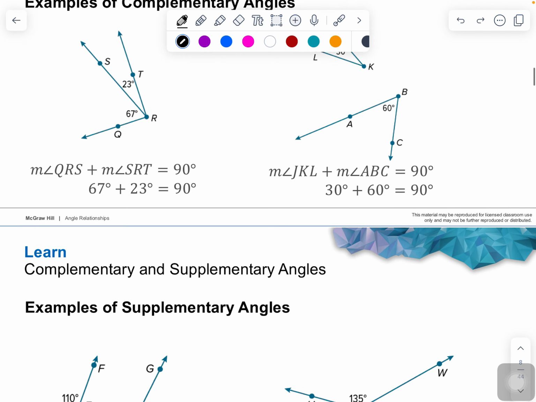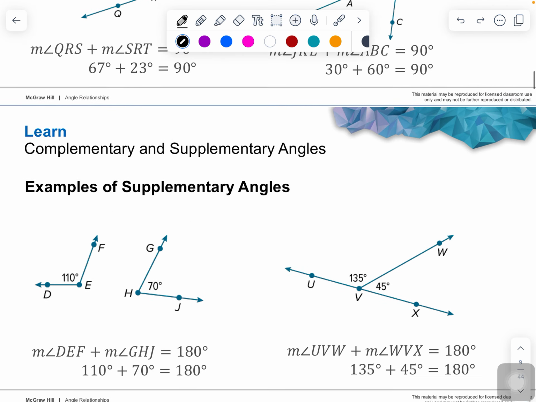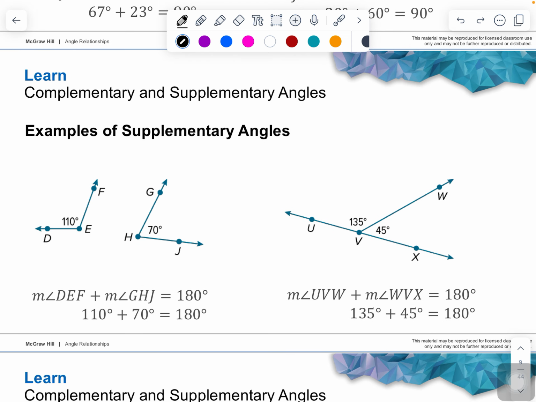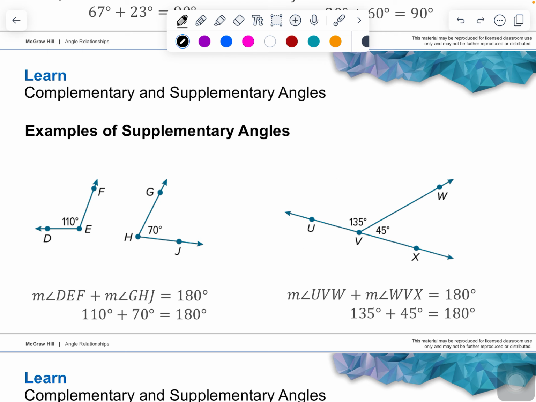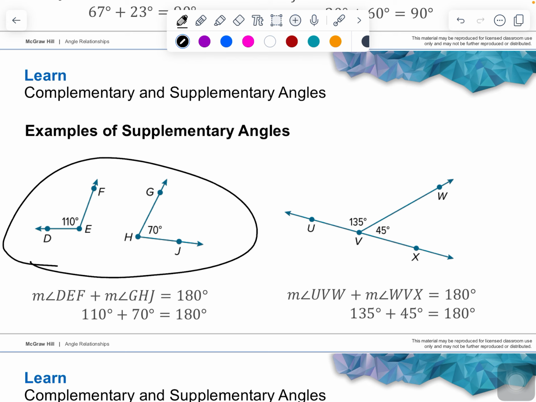Now look at some supplementary angles, and supplementary angles add up to 180. And again, they could be connected and form a linear pair, like over here, or they could be completely disconnected and still add to 180. Either way, they are supplementary.